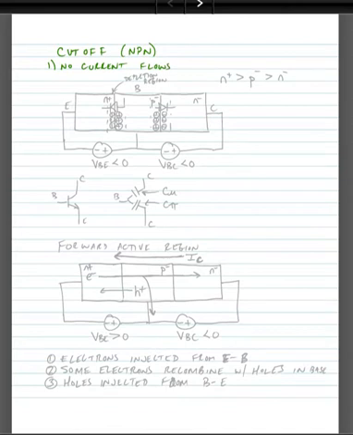Alright, so let's look at a cross-section of the device and figure out exactly what's happening. So in the cutoff region, we know that we set a voltage across the base to emitter junction to be less than 0 volts.